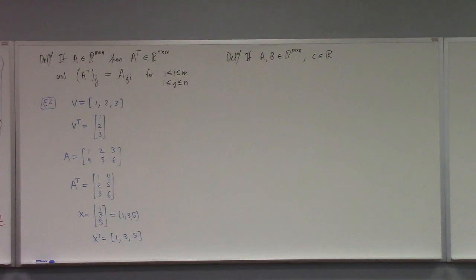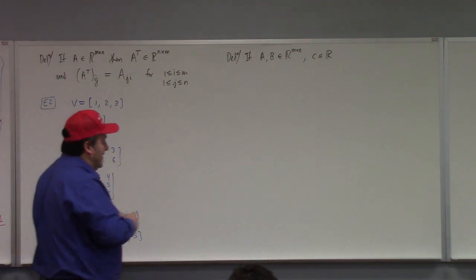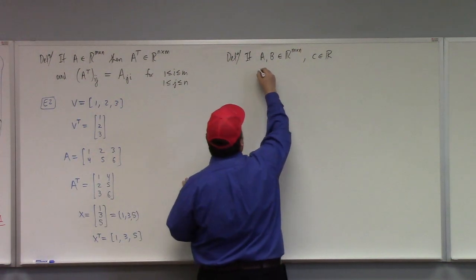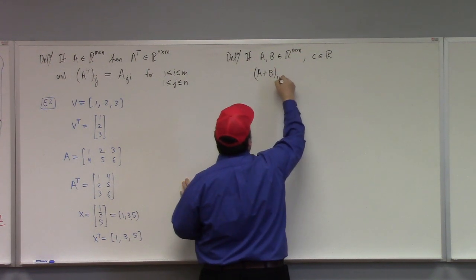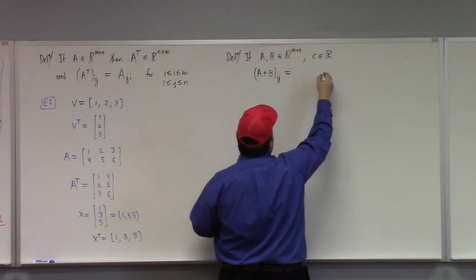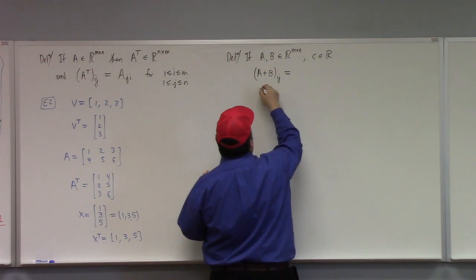You could do these for complex numbers, or even if you wanted to work over, like, integers mod 2 or something. But we won't do that in here. We're going to keep it real. So here, we can define A plus B, and also a constant times A.